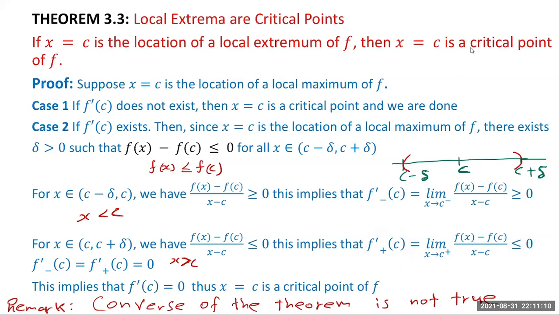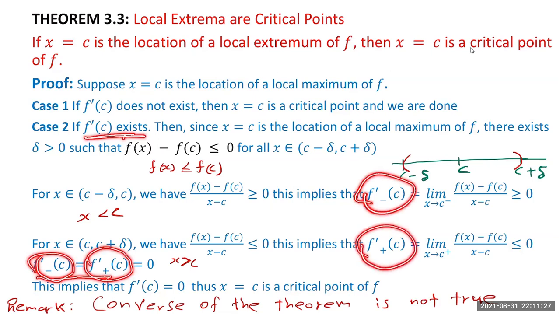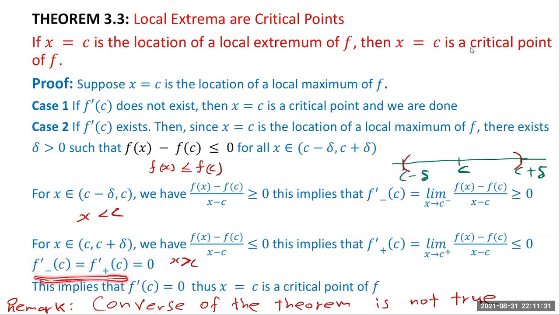The only way this can happen is both are equal to 0. We want the left derivative and the right derivative to be equal because f prime of c exists. For this to happen, both should be equal to 0. Otherwise, they cannot be equal.